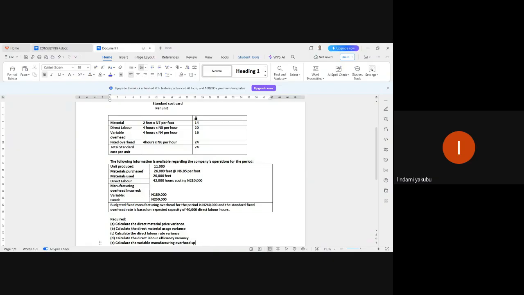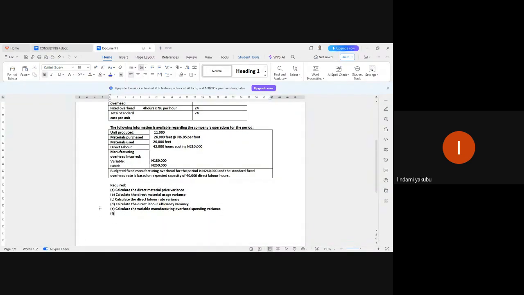Required: A. Calculate the direct material price variance. B. Calculate the direct material usage variance. C. Calculate the direct labor rate variance. D. Calculate the direct labor efficiency variance. E. Calculate the variable manufacturing overhead spending variance.